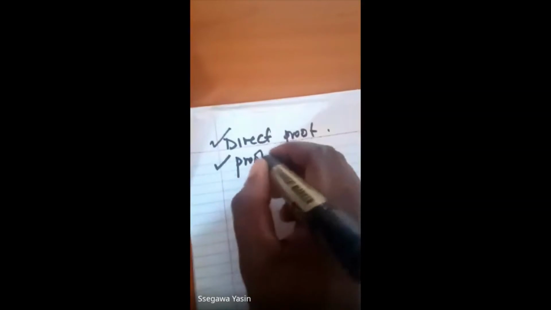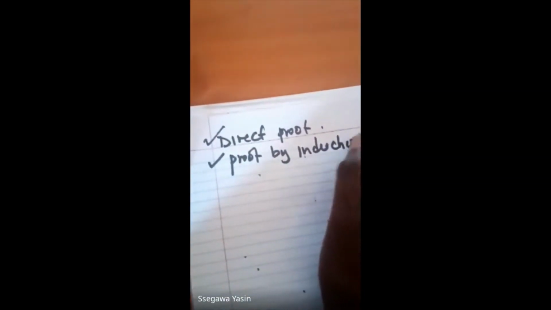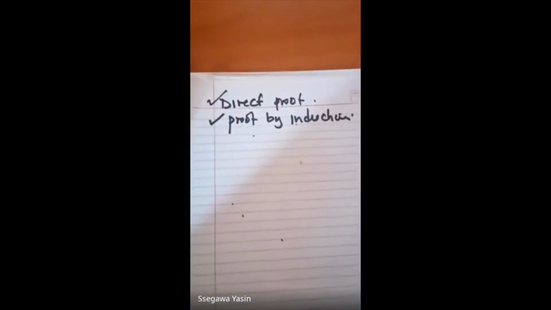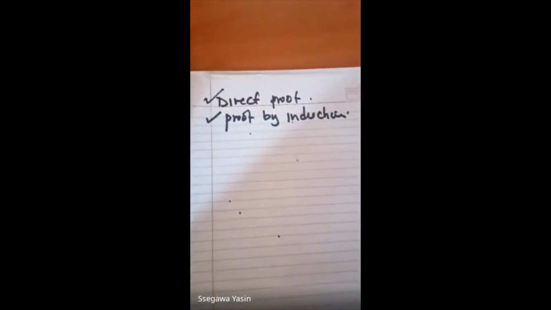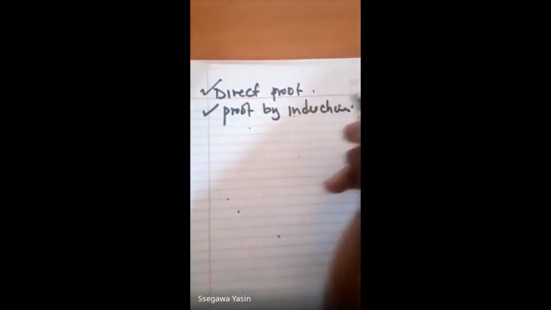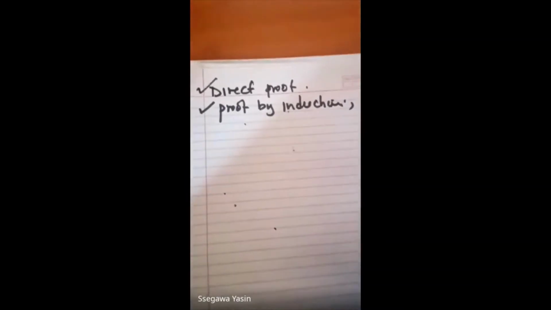Then there is what we call a proof by induction. And this one here, I have not used it before. It's here in this group. So what we do, if you are to prove by induction, remember, we pick element n from n in most cases.